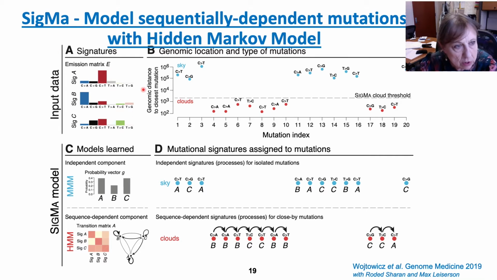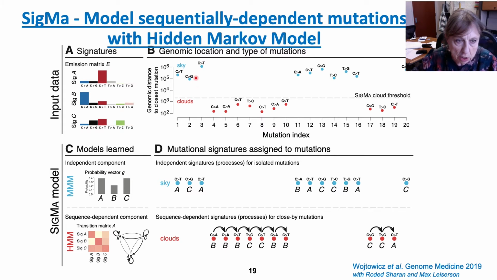The input to the method is the set of signatures present in a given genome, say identified using the methods that I previously described, and the indexed set of mutations within the given genome of the given patient.